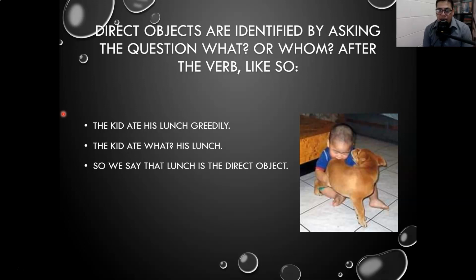If I said something like, the grandmother loved all of her grandchildren very much, what is the direct object? The grandmother loved whom? All of her grandchildren very much. No, not very much. Yes, she loved them very much, but very much does not answer the question whom. The grandmother loved whom?